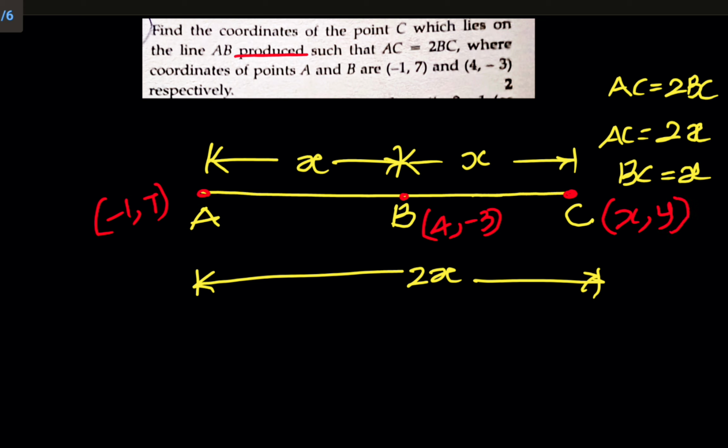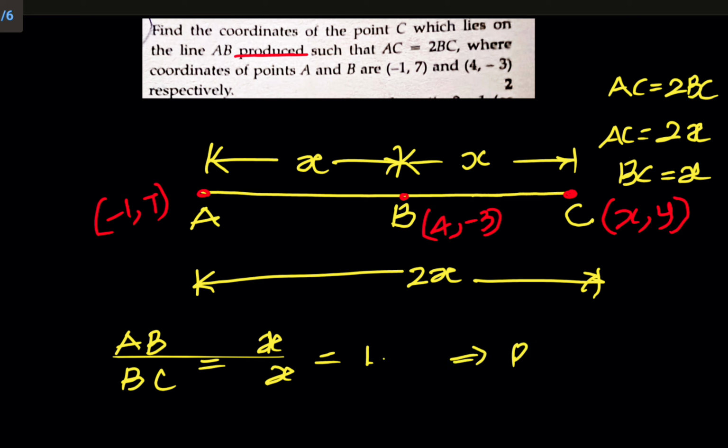Now from this particular diagram we can see very clearly that B is dividing AC in the ratio 1:1. Can we write down AB by BC is equal to x by x, that's equal to 1. So that tells us that B is the midpoint of AC.